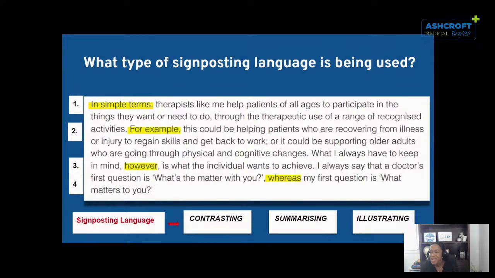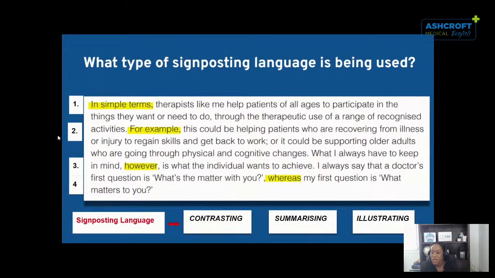Okay, and we can see here that I have highlighted some signposting phrases. And I'd like you to tell me, what do you think the function of this signposting language is? Your options are here, okay? So is she using signposting language in number 1 to contrast, summarize, or illustrate?